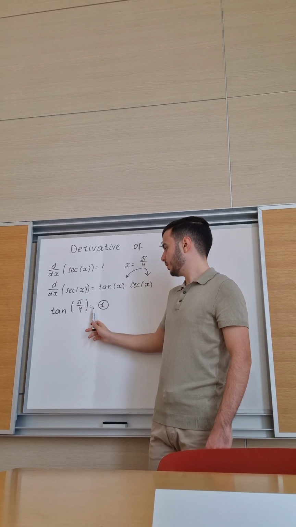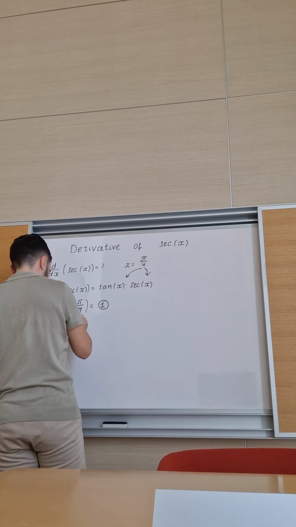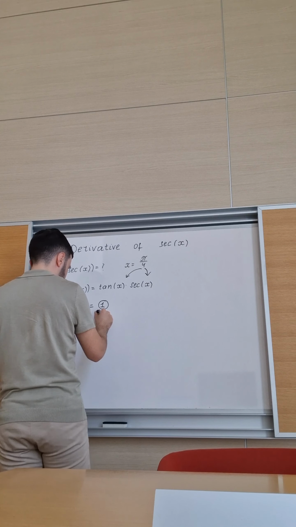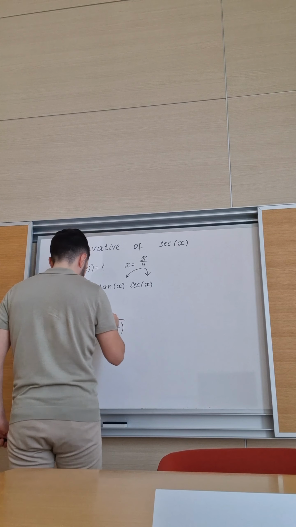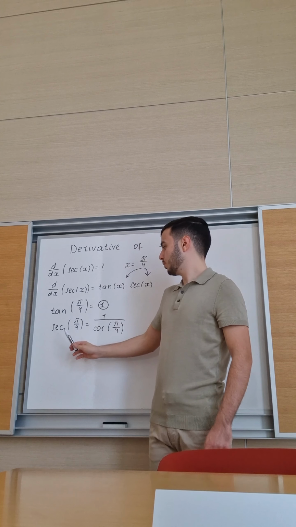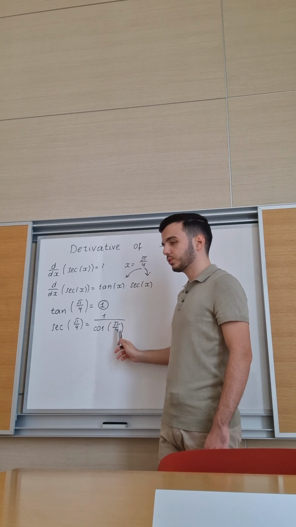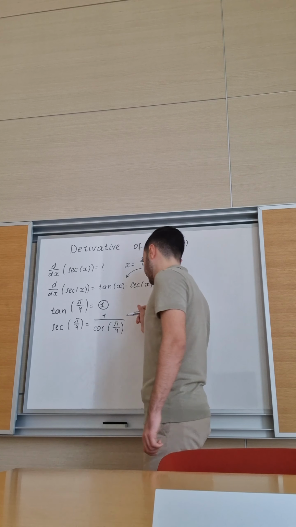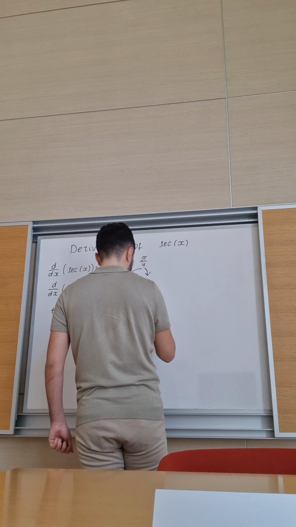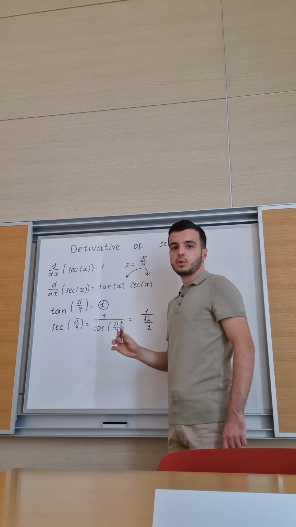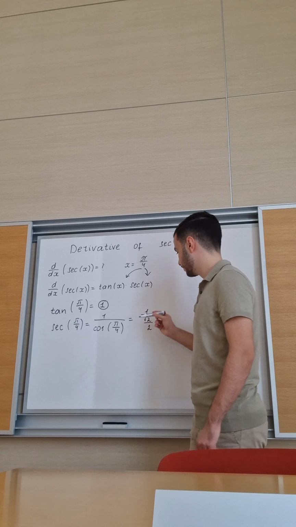Tangent π over 4 is 1. As we have learned in today's lesson, secant π over 4 is 1 over cosine π over 4. Cosine π over 4 is square root of 2 divided by 2.